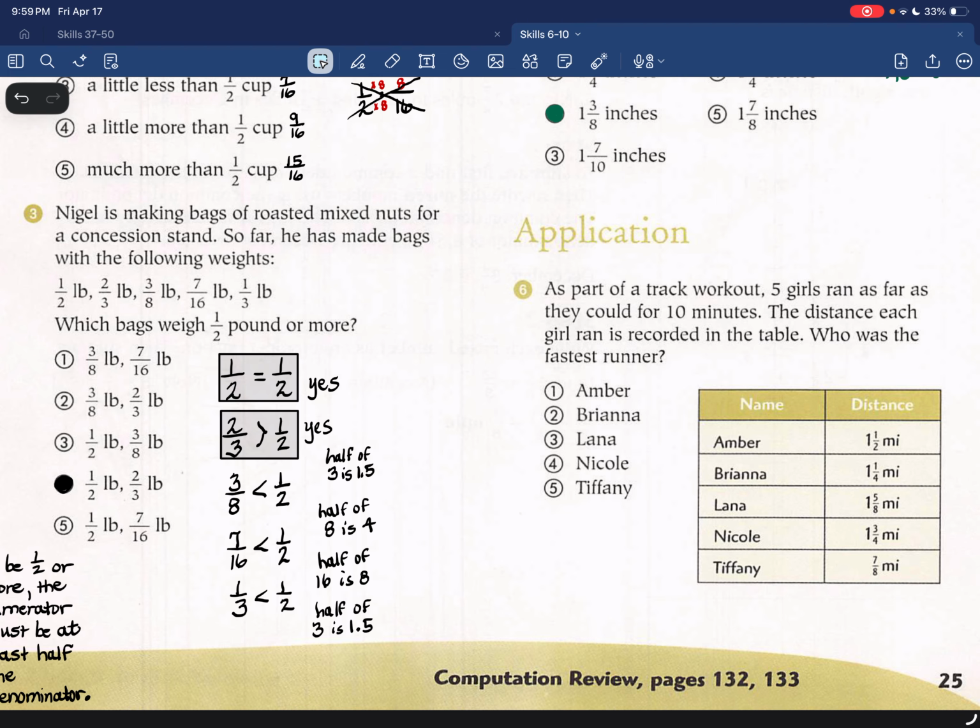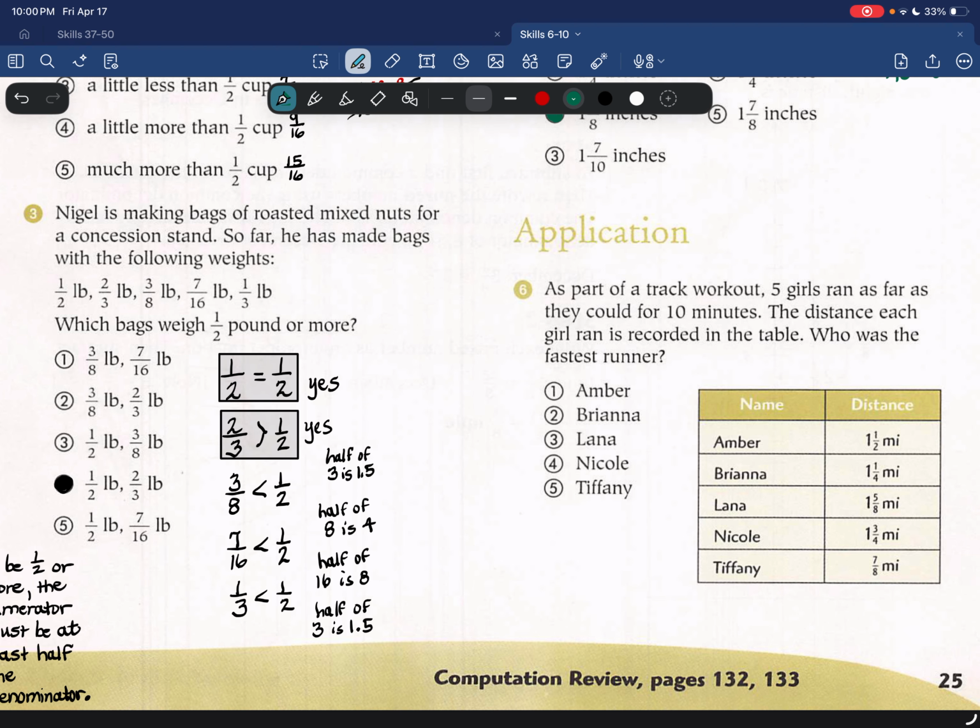She did not make it to a whole mile. So I am not going to factor Tiffany into my math because that's just one more person I have to figure, and I know it isn't Tiffany who was fastest. So I'm going to use 1 1/2, 1 1/4, 1 5/8, and 1 3/4.